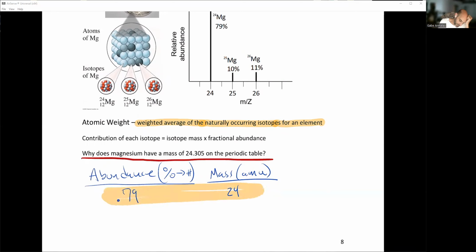Magnesium 25 has a 10% abundance, and magnesium 26 has an 11% abundance.